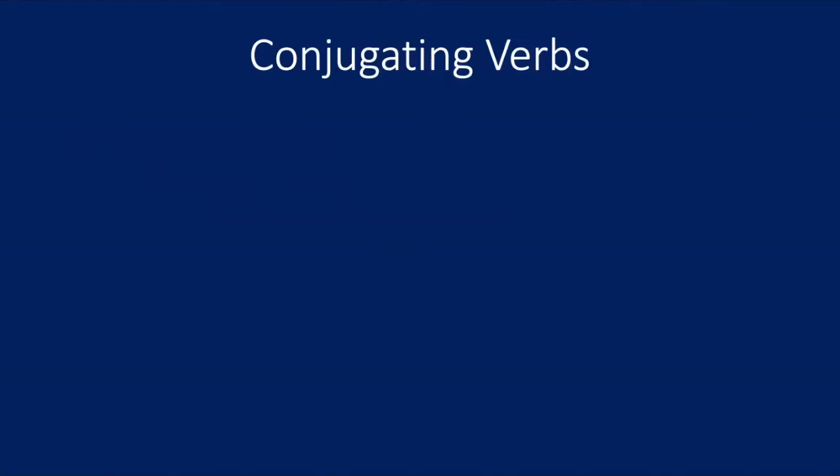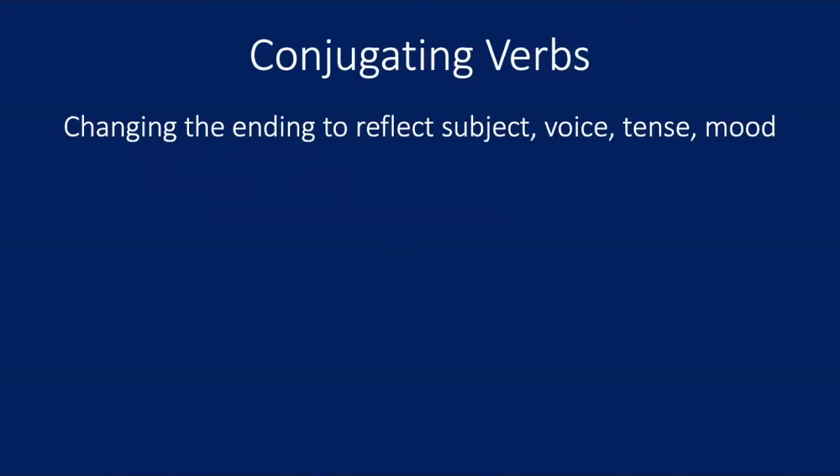So getting started with conjugating verbs, what does it mean that a verb conjugates? It means that it changes the ending in order to reflect the subject, voice, tense, and mood. Don't worry if you don't know what all four of those things represent. We're really just going to focus on subject and then on voice. Don't worry about what a mood is, and don't worry about differentiating tenses.